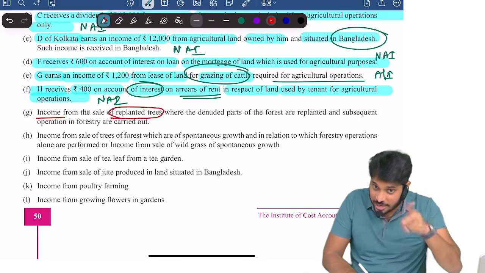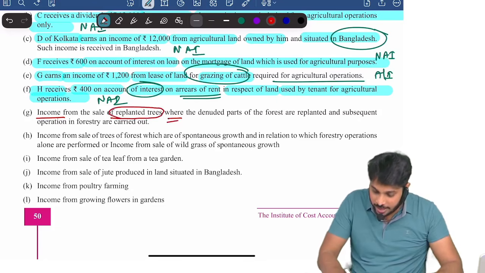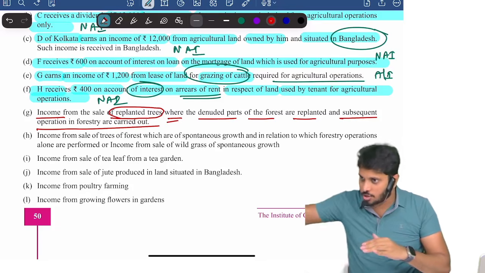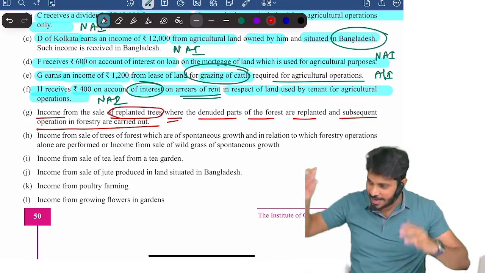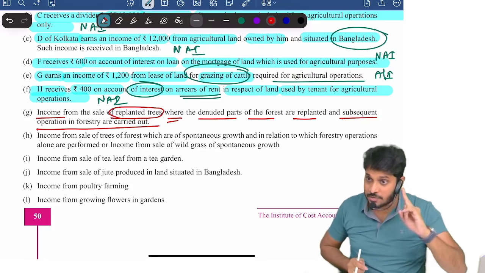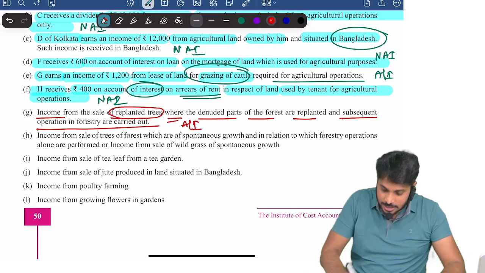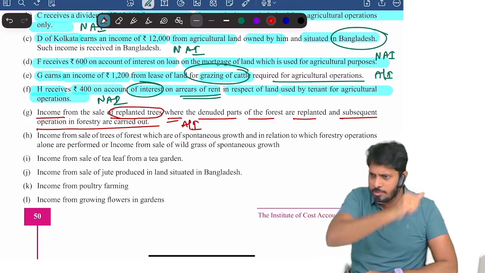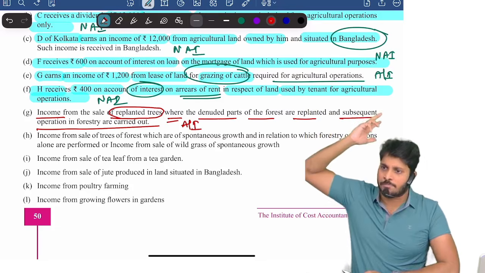Then income from replanted trees, where denuded parts of the forest are replanted and subsequent operations are carried out. What happens is, in a forest the plants are all taken off, they were cut and again you replanted, which means you did cultivation, so it is agriculture income. Suppose some trees in the forest grew up without your effort, naturally, and you sold them.